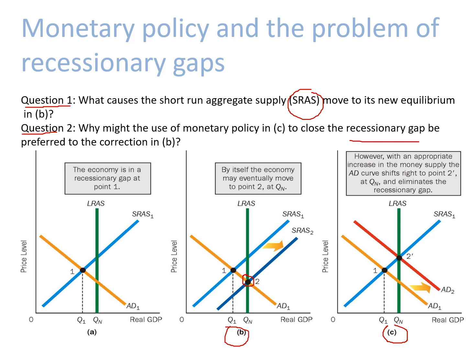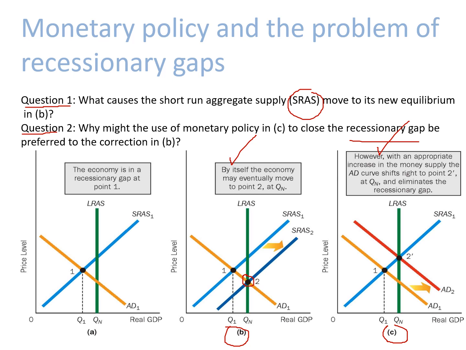Now in graph A, the economy is operating at a level below its equilibrium. Recessionary gaps are characterized by high unemployment and low prices, and this gap can be closed either by a shift in short-run aggregate supply or by expansionary monetary policy.